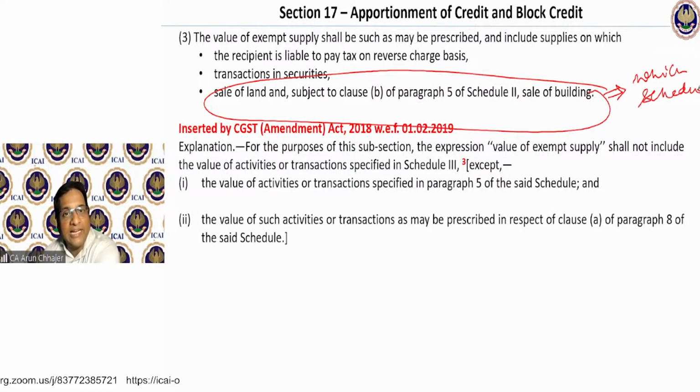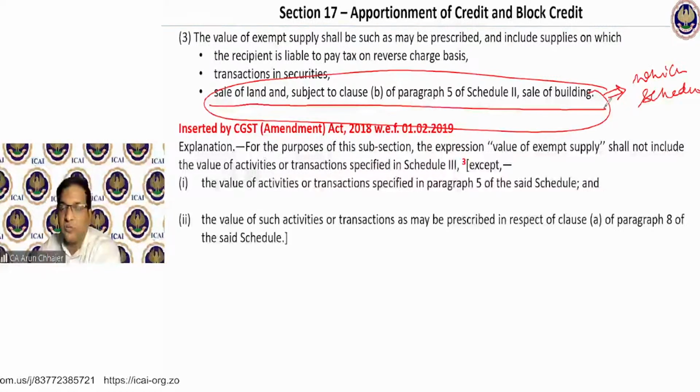Sale of land and subject to para 5 clause B of schedule 2, sale of building, is written in which schedule? The answer is schedule 3.